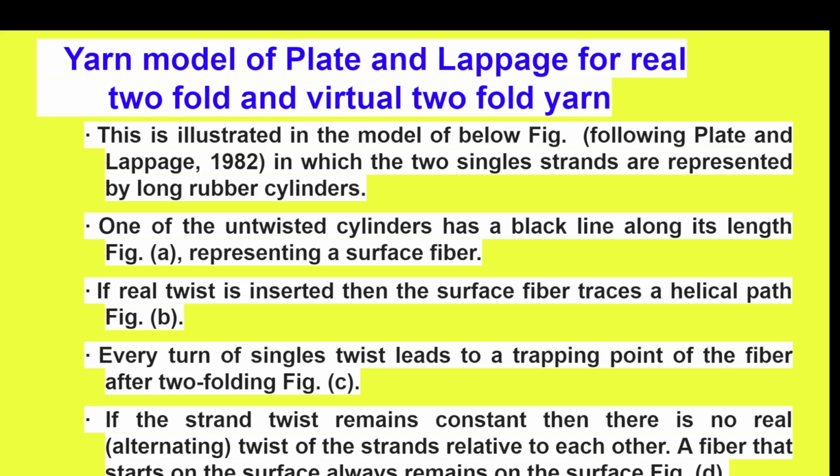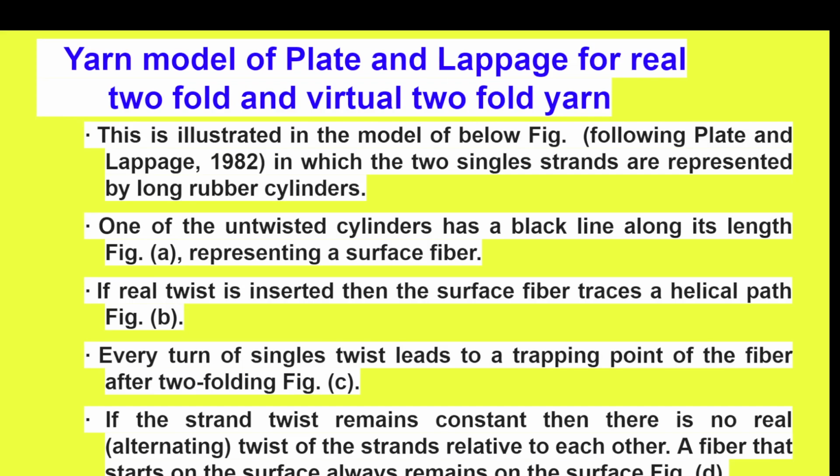Every turn of single twist leads to a trapping point of the fibers after two folding in figure C. If the strand twist remains constant, then there is no real alternating twist of strand relative to each other.